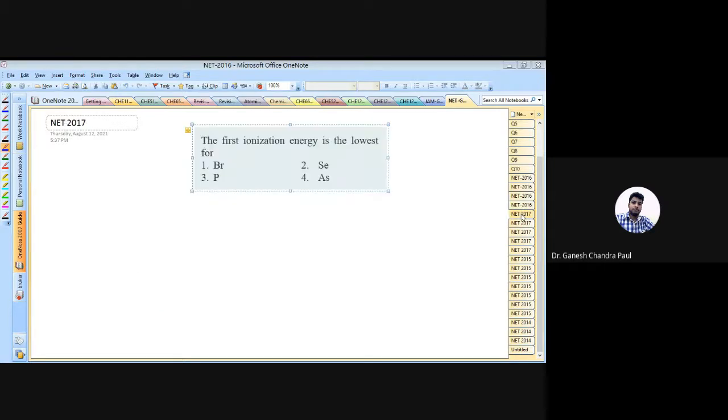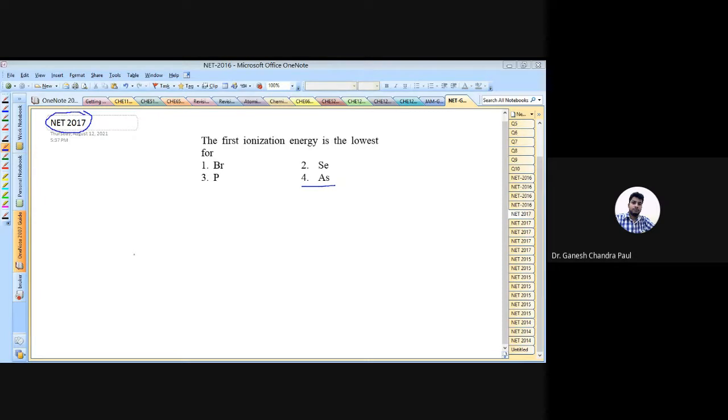The next question came in the NET 2017 exam. The question asks: the first ionization energy is the lowest for which atom? Bromine, phosphorus, selenium, arsenic. Ionization energy means the amount of energy required to remove the valence electron, right?